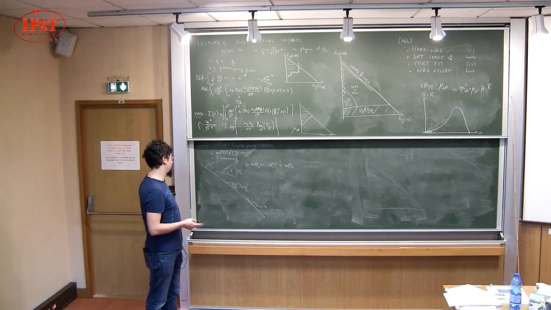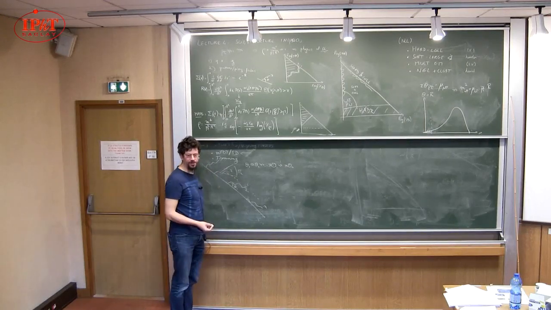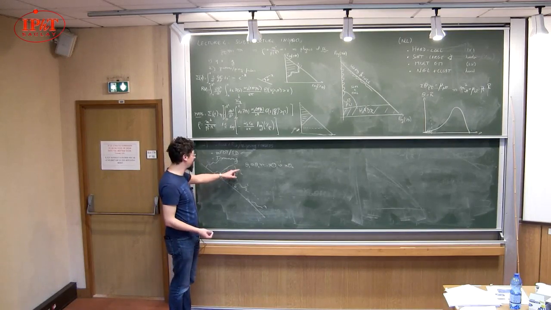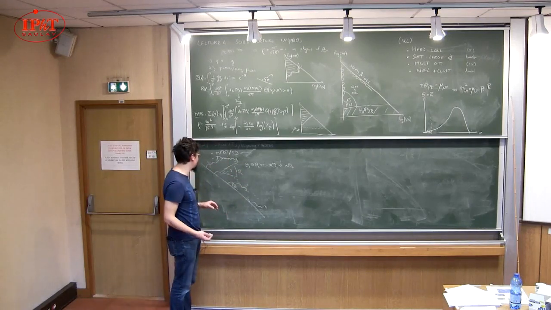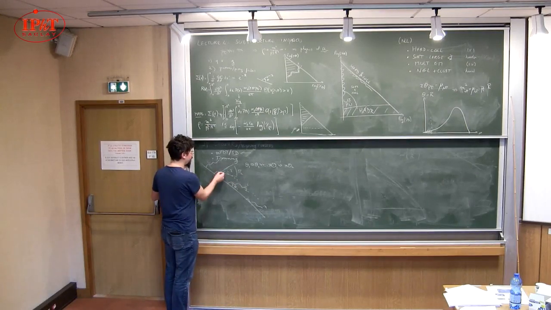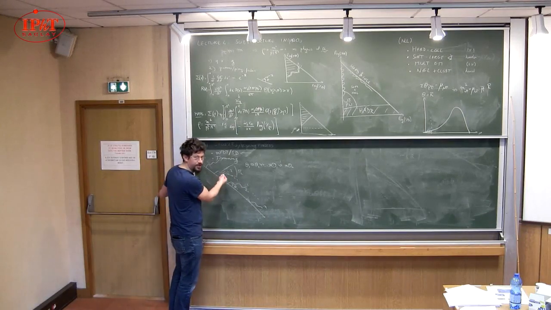There's one small side note to this: if you make a soft emission out of this guy here, you get a log from the soft. So there are cases where you get logs when the angle is of the order of theta 2, and in this case, clustering can do all sorts of nasty stuff. But if the emission is soft, you essentially don't care, at least for the mass, because if this emission is kept, it's a small correction to the mass of your jet.